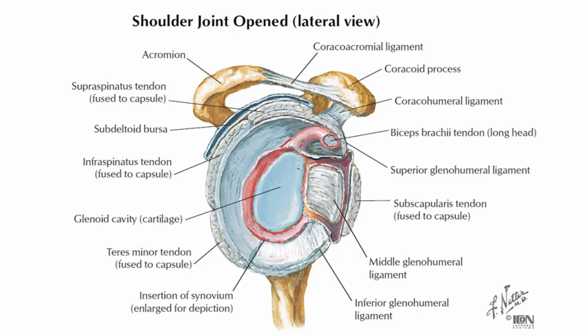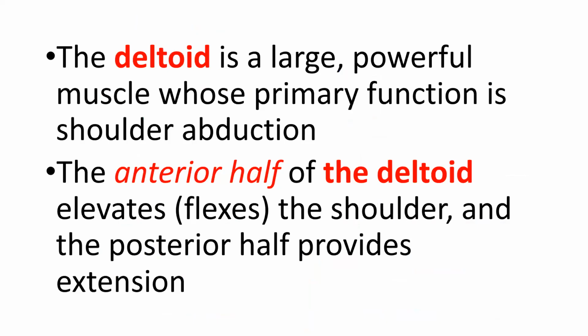So don't forget this. The deltoid is a large, powerful muscle whose primary function is shoulder abduction. The anterior half of the deltoid elevates, meaning that it flexes the shoulder, and the posterior half provides extension. So the posterior half of the deltoid is involved in extension.